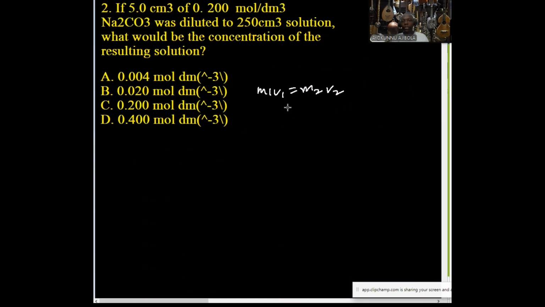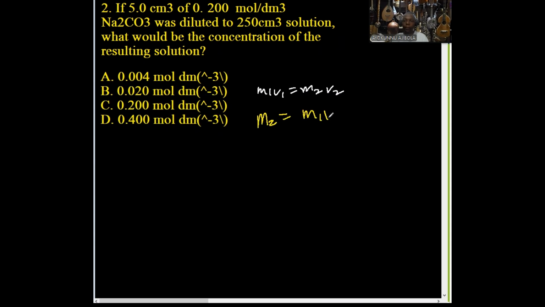So the question is 0.2. It says if 5.0 cm cube of 0.2 mole per dm cube of Na2CO3 was diluted to 250 cm cube solution, what will be the concentration of the resulting solution? That is the final concentration. So we have molarity 1 times volume 1 equal to molarity 2 times volume 2. We're looking for molarity 2, which is M2.